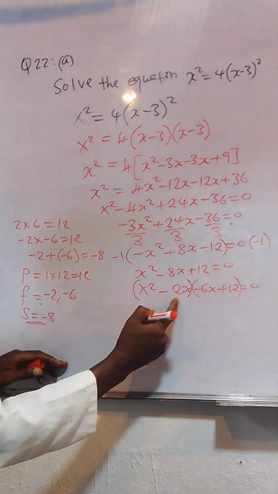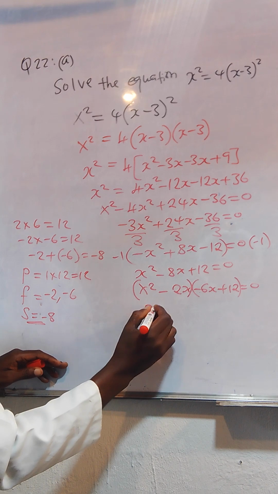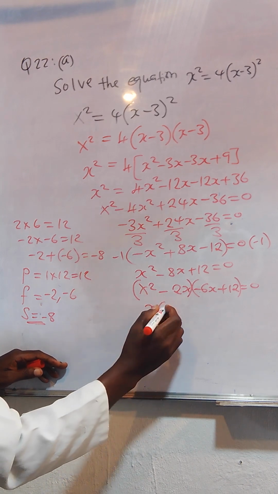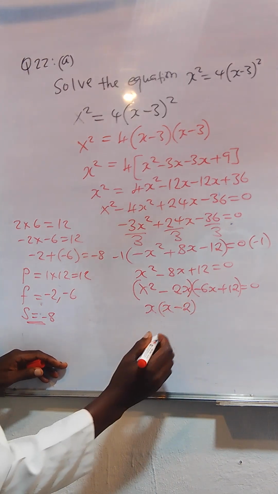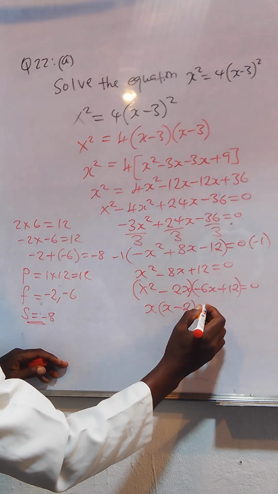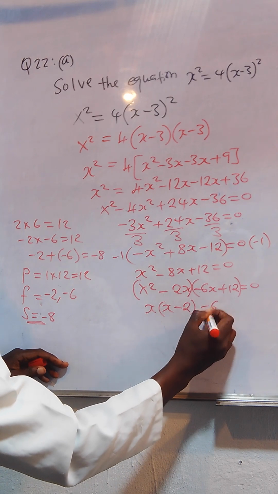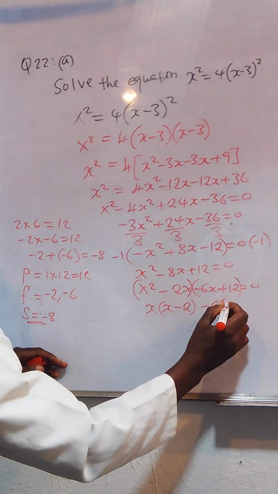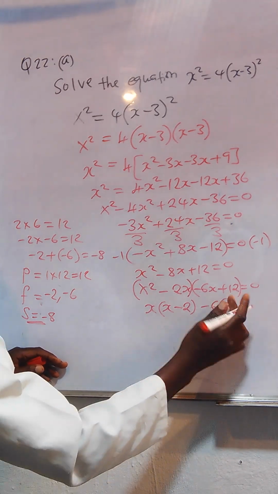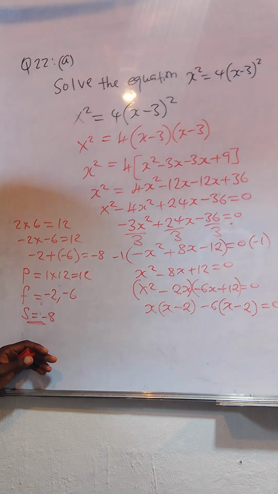So we factor out what is common, which is x, then this into that is just x, minus this into that is just 2. And then what is common here is negative 6. Open the bracket, this into that we have x, then this into that we have this 2, equals 0.